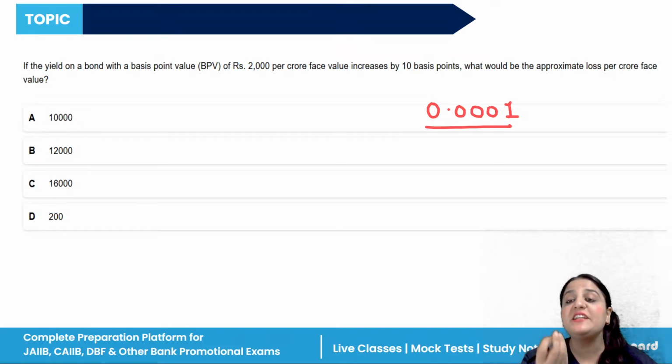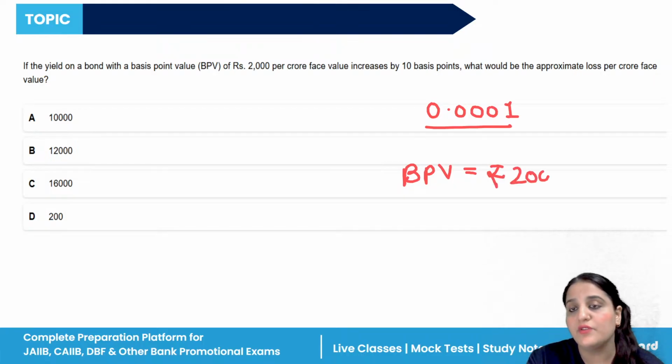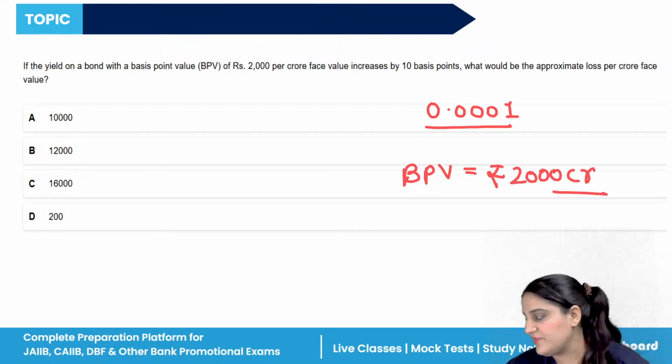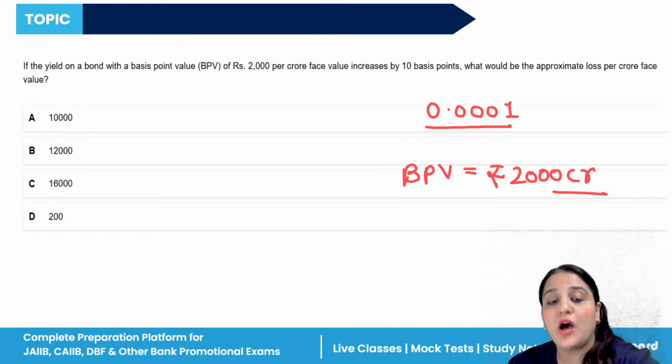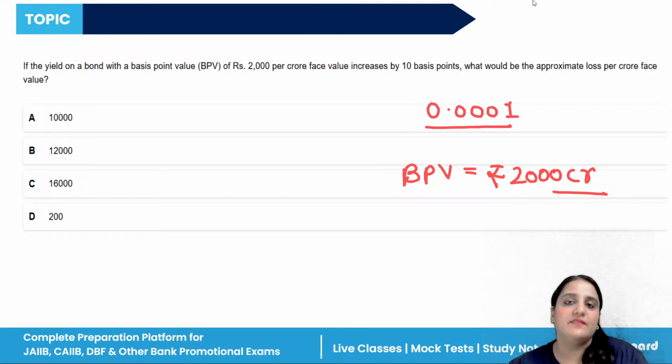Here, the basis point value is rupees 2000 per crore face value. It means if yield increases by 1 basis point, the bond price falls by rupees 2000, as yield and price move in opposite directions.